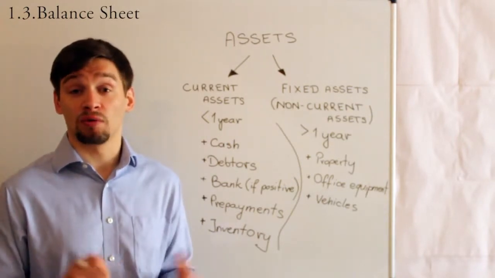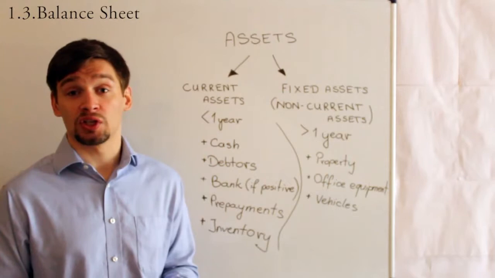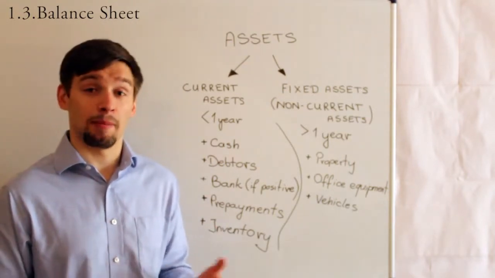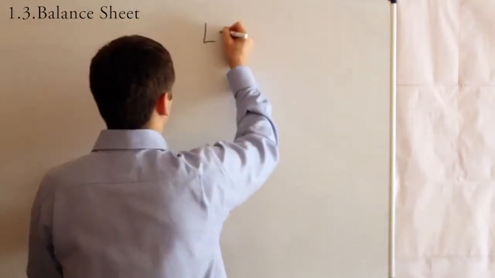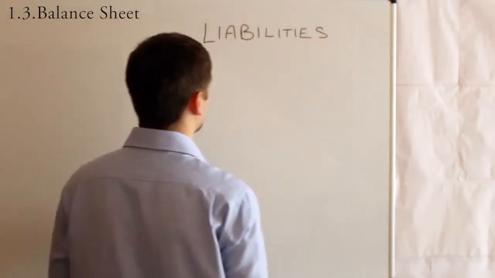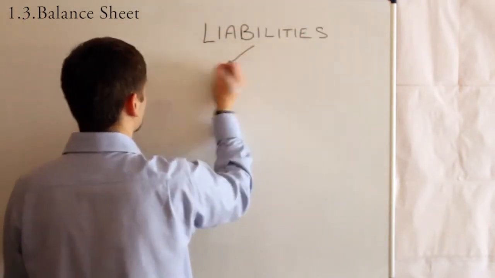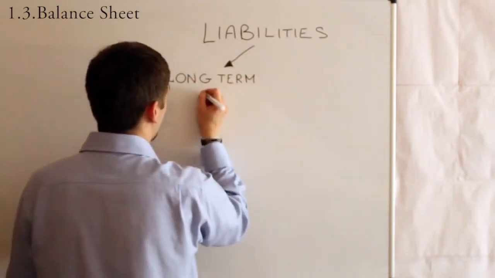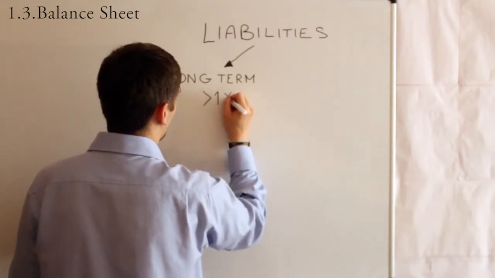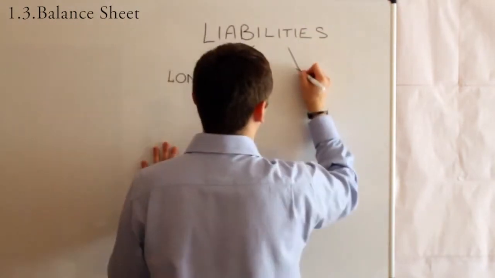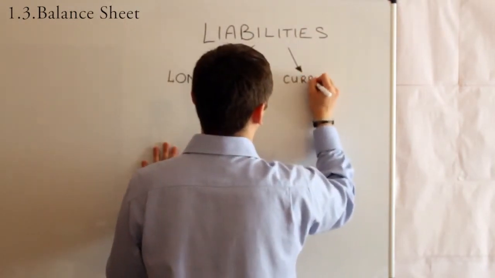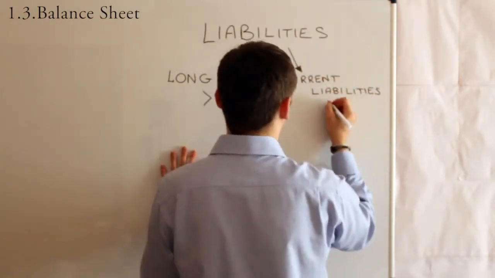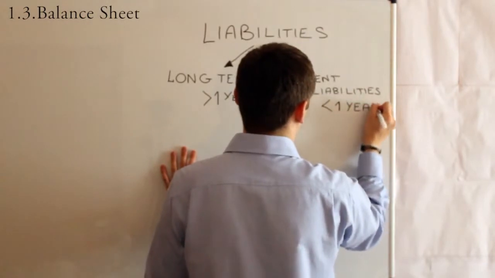On the other hand, we've got liabilities, which are things that the company owes to other companies, banks, creditors. With liabilities we have a very similar classification to assets: long-term liabilities that will last more than 1 year, and current liabilities that fall due within 1 year.